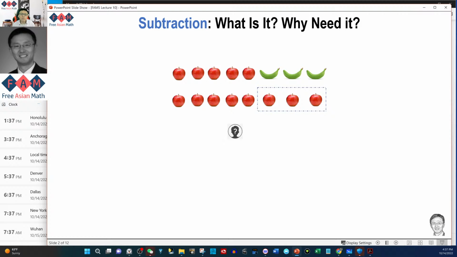Now what if we remove the 3 apples, demonstrated in this dashed rectangle shape? What if we remove the 3 apples that we just added from the total of 8 apples? We know we have 8 apples in total and we remove 3 from them. What shall we get?